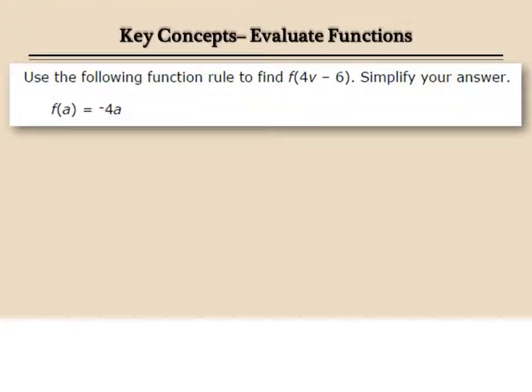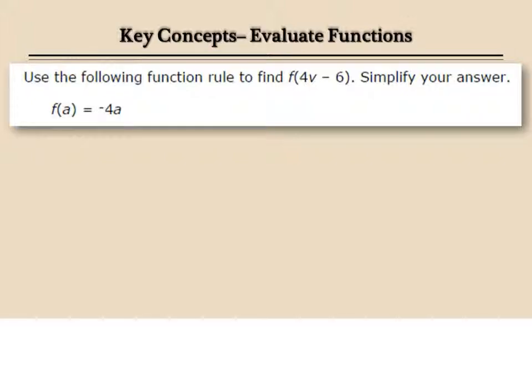All right, this one looks a little more difficult. It says use the following function rule to find f of 4v minus 6. I'm going to simplify your answer. That means we're doing a function of a. So where I see a, I'm going to replace it with 4v minus 6. So let's rewrite this. Instead of a, we're going to put 4v minus 6.